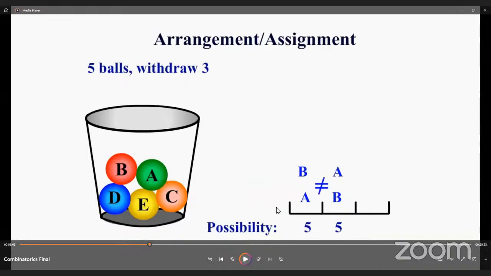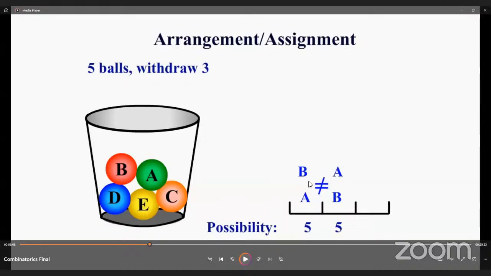You notice that when you take the first ball A and the second ball B, that is totally different from when you take the first ball B and the second ball A. So AB and BA are not the same.